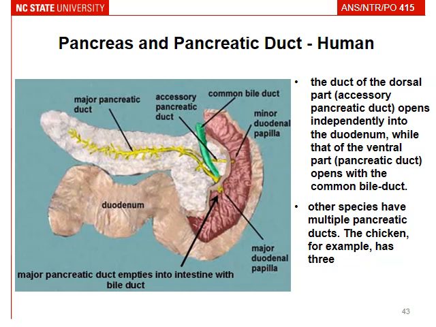So the enzymes or pancreatic juices are able to be secreted into the ducts, and they're released into the duodenum.